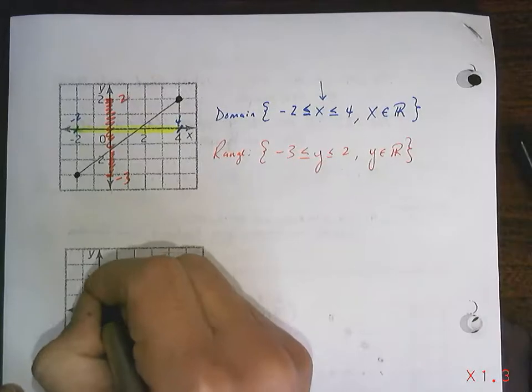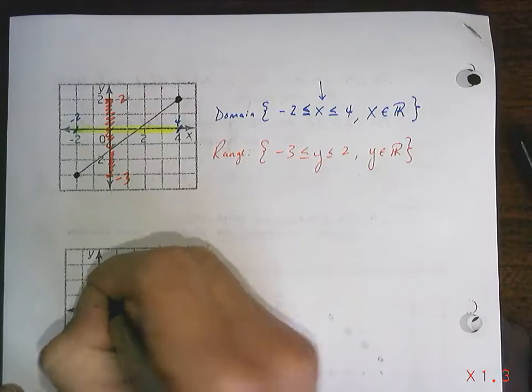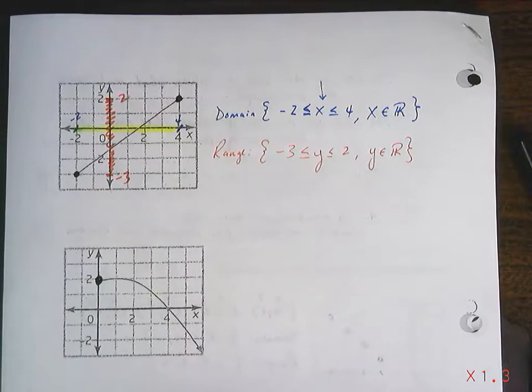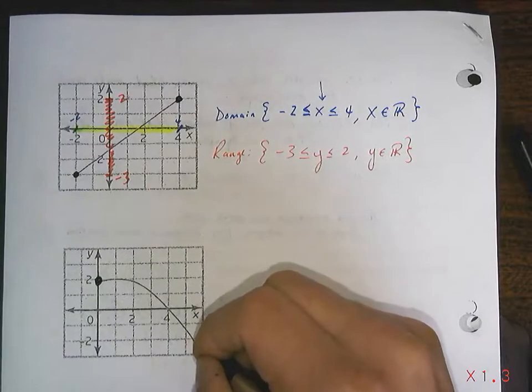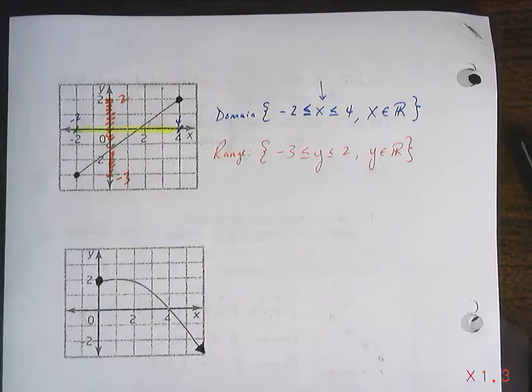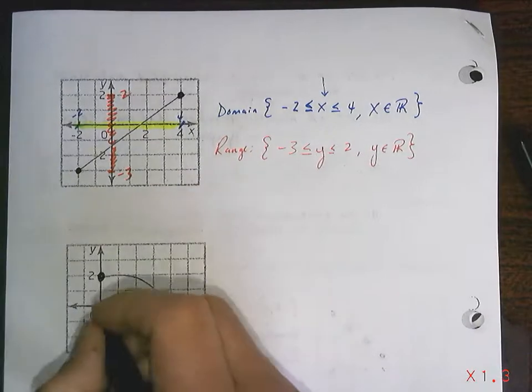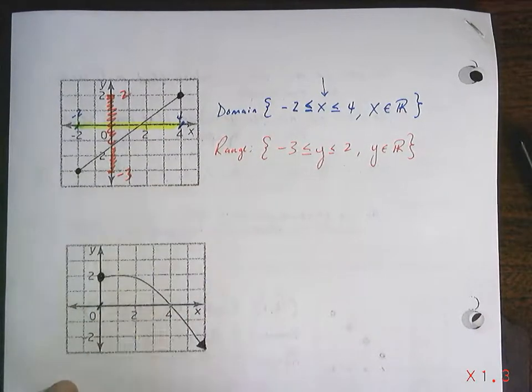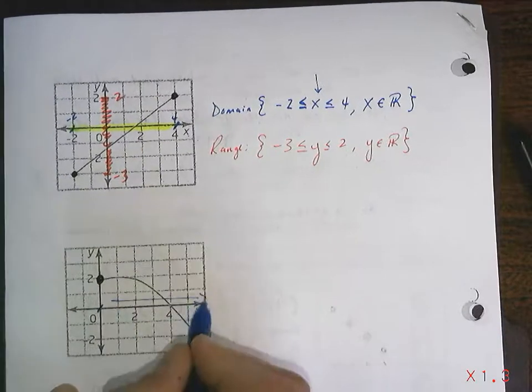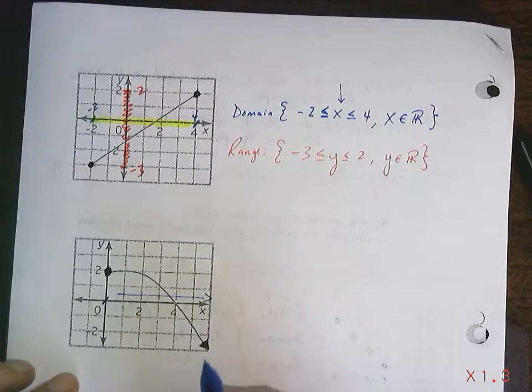Let's put a big dot here at the 2 so that this is easier to do. So I've got half of a parabola maybe, and it keeps going and going and going down. So my domain, all the x values that make sense. 0 makes sense, and it keeps going and going because this keeps going.